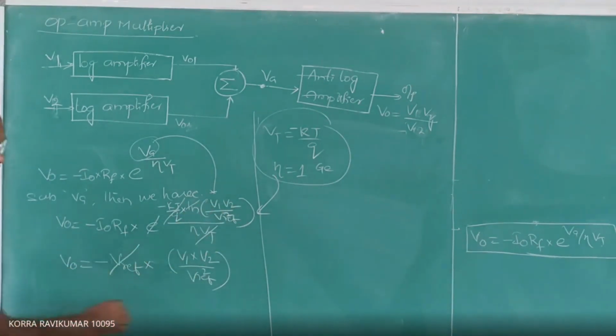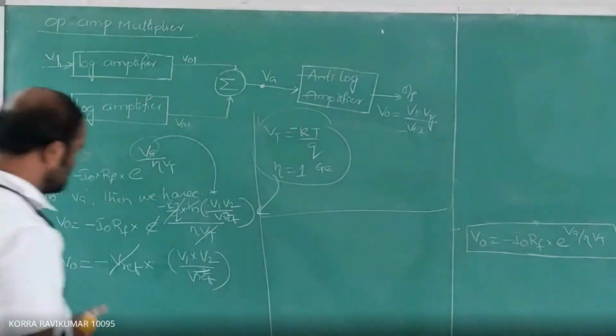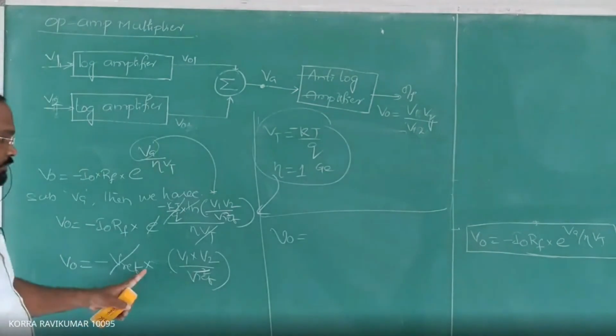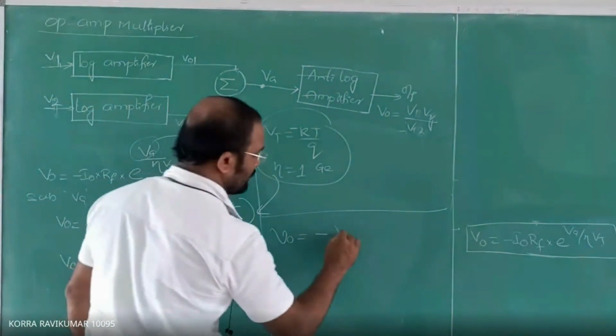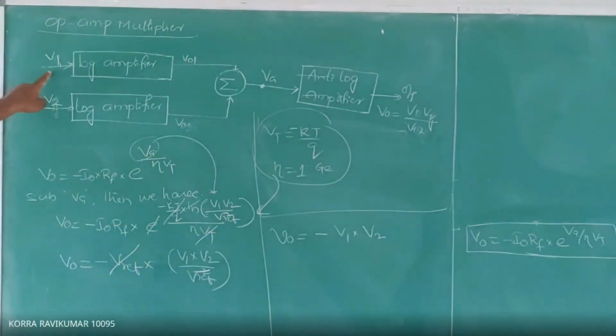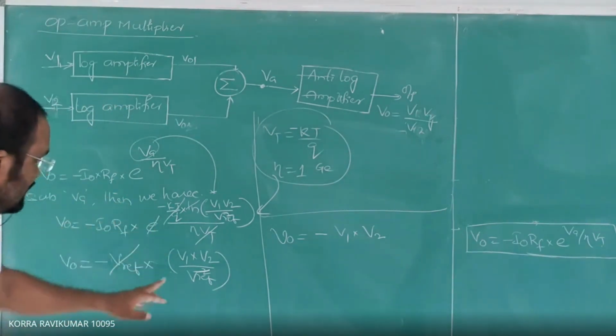This V reference and this square will go out. And finally, we get the expression as V naught is equals minus V1 into V2. What is V1? V1 is the voltage which we applied as an input to the log amplifier. V2 is the voltage which is applied as input to the other log amplifier. Divided by V reference is there.